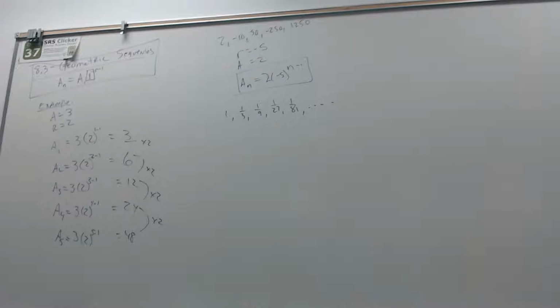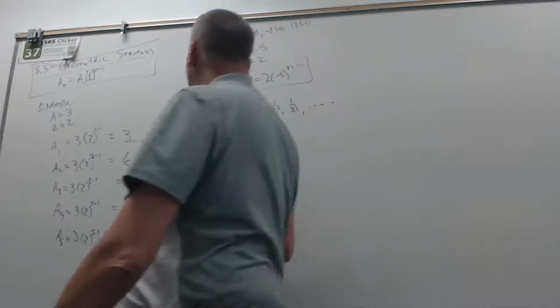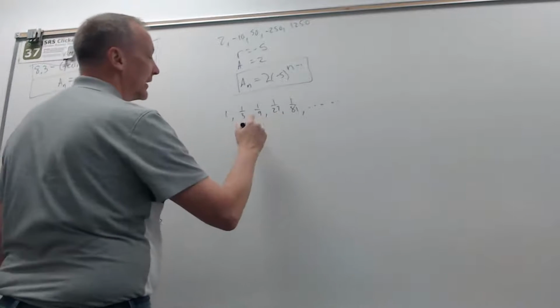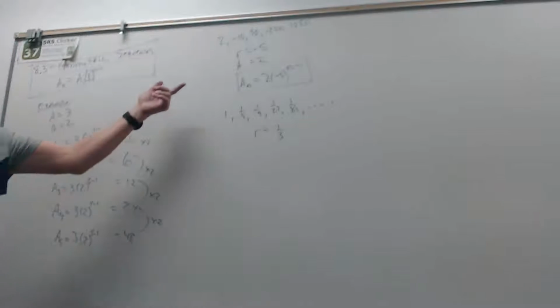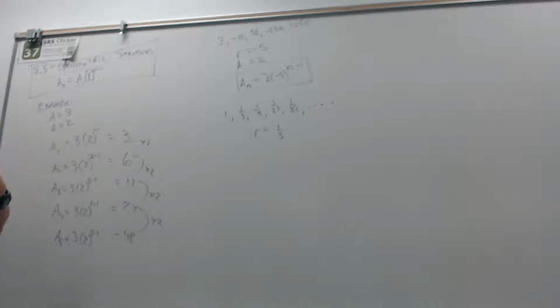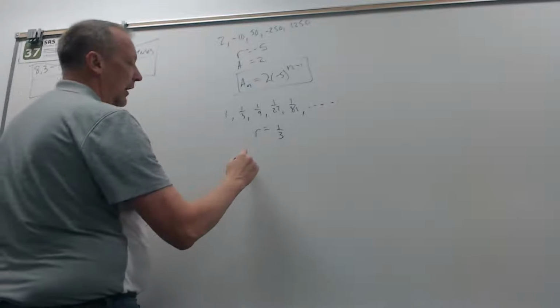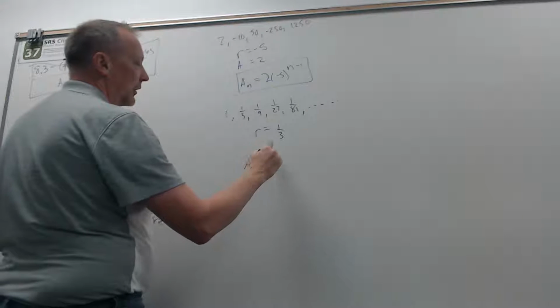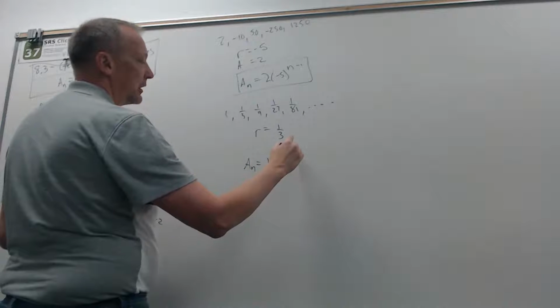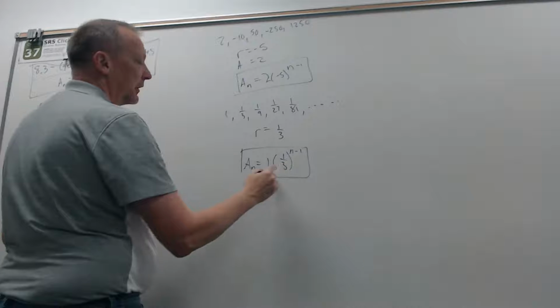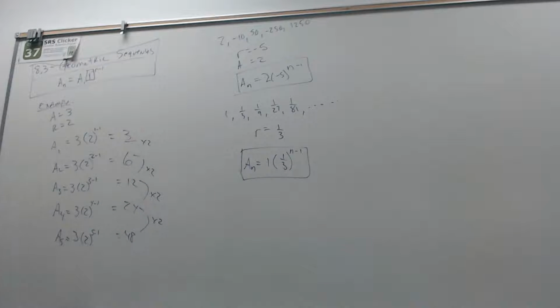Yes. It does, right, because we're going to multiply each term by 1/3. Okay. So can you come up with this formula here? Yeah, so it'd be 1 times 1/3 to the n minus 1. Okay, does that make sense now? Okay. All right.